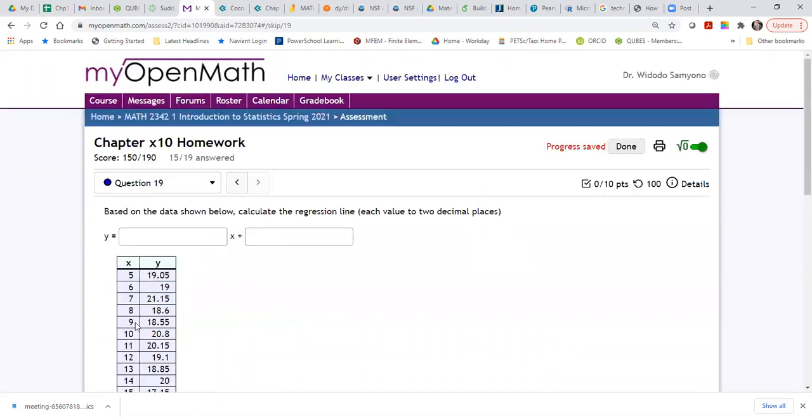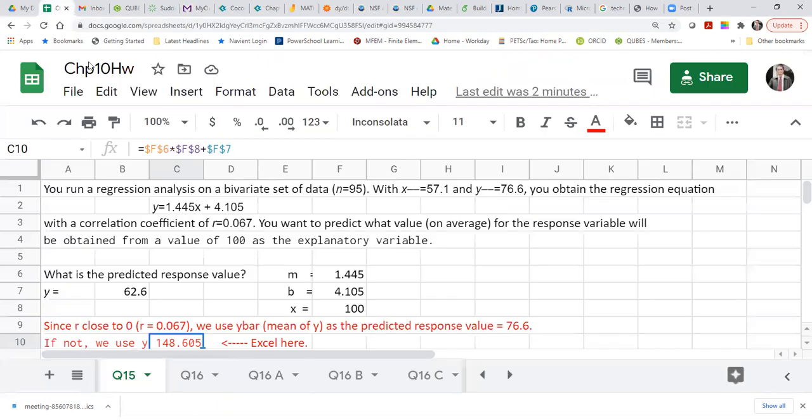So this is something where you need to use the data to find the slope. But let me make sure this data is correct. So this is number 19, right?